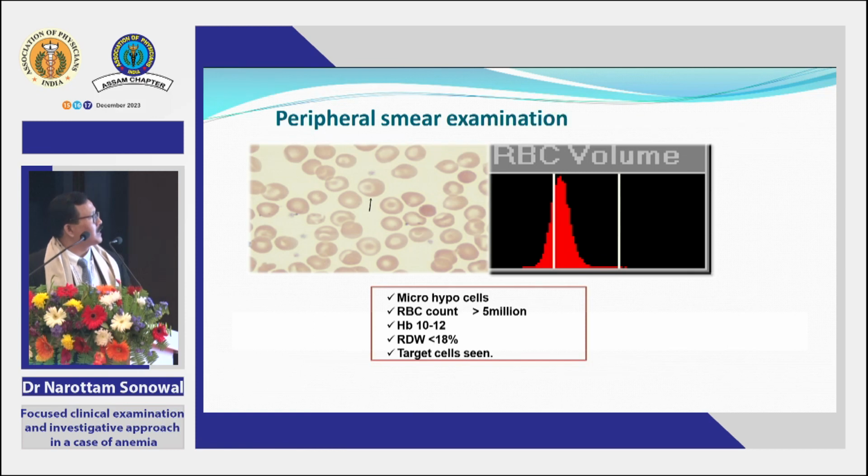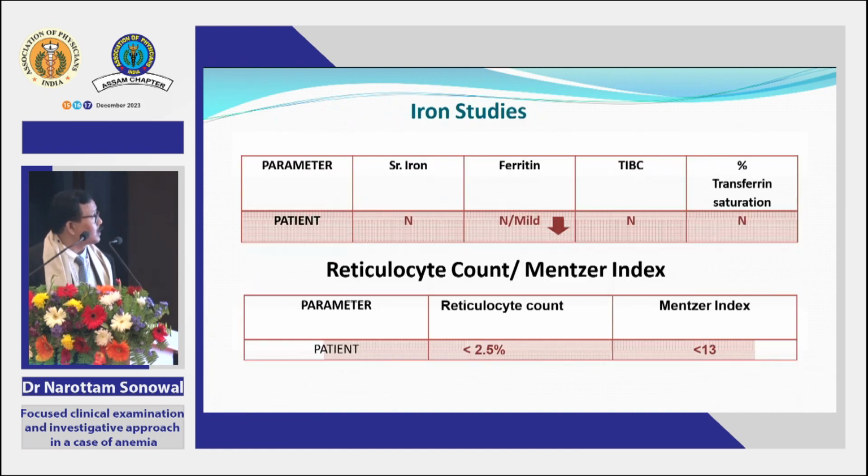The peripheral smear shows microcytic hypochromic cells, RBC count more than 5 million, hemoglobin slightly low at 10 to 12, red cell distribution width less than 18%, and target cells seen. In the serum studies, we may get serum iron normal, ferritin normal or mildly decreased, TIBC normal, transferrin saturation normal, and Mentzer index less than 13.